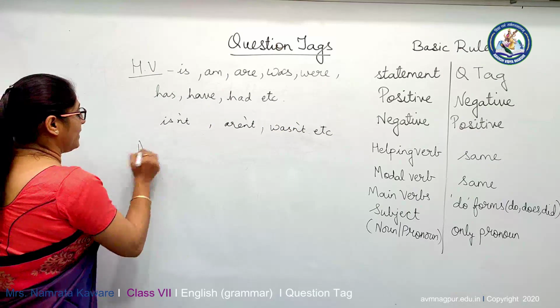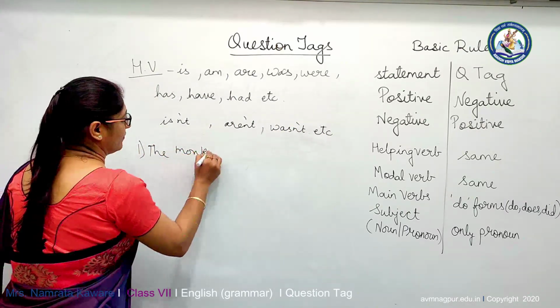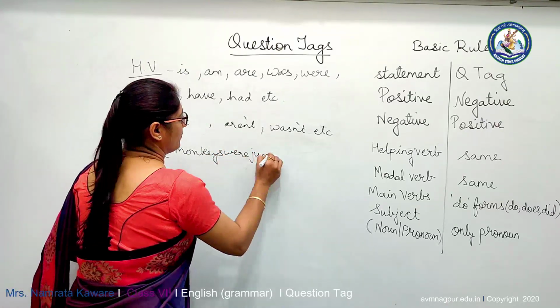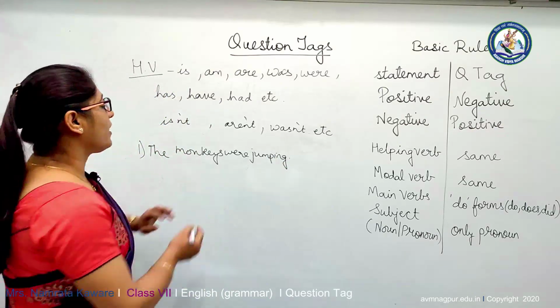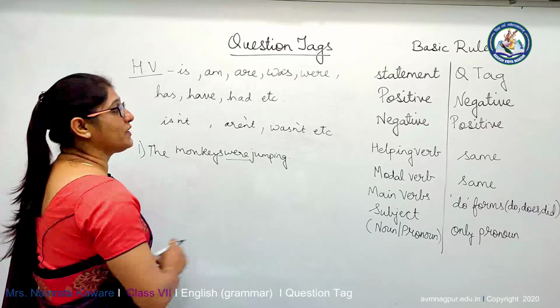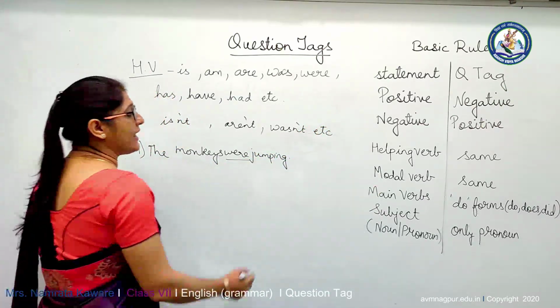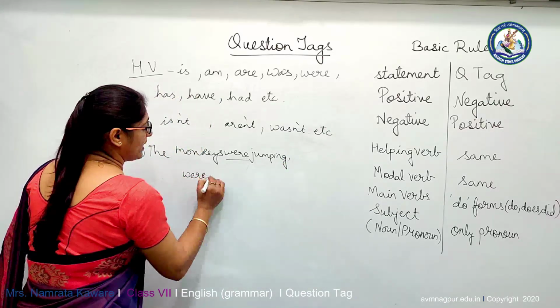For example, the monkeys were jumping. Now, we have were over here as a helping verb and the statement is positive. According to the first rule, if the statement is positive, the tag has to be negative. And the negative form of were is were not.